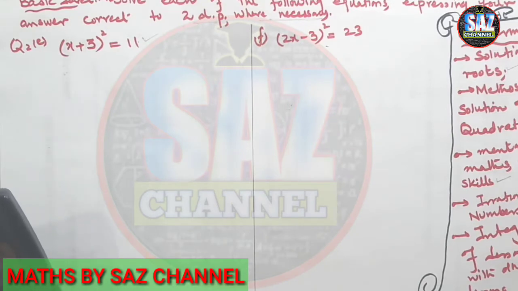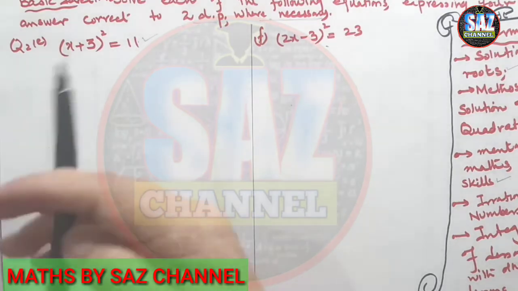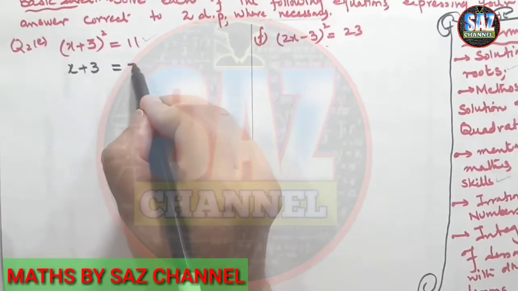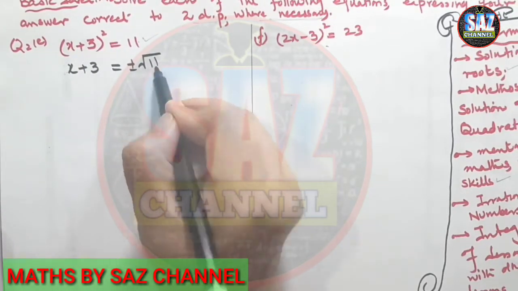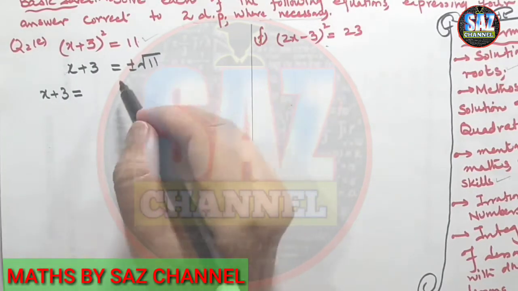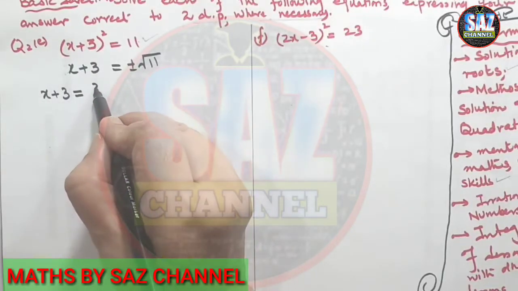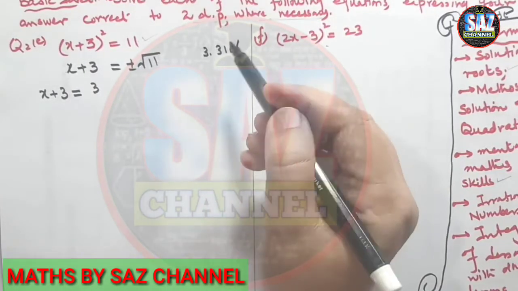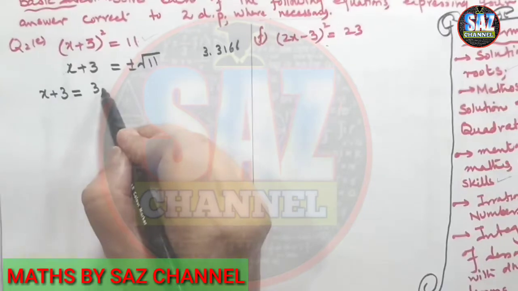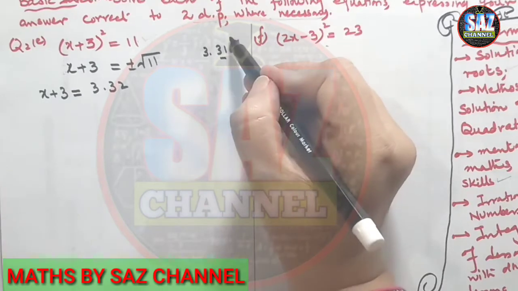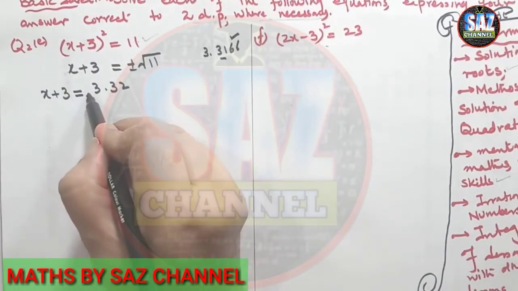What will be the square root of 11? The square root of 11 will be 3.316. First of all, we have to take the square root on both sides, and it will give me x plus 3 equals plus or minus square root 11. Now I have to write the decimal value for the square root of 11, which is 3.316. So I will write 3.32, to 2 decimal places, because we have 6 at the third place, with the plus minus sign.